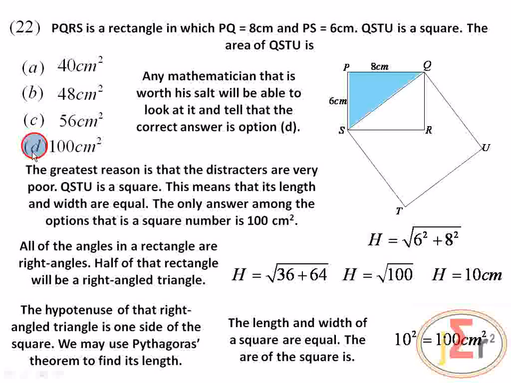Good. Another candidate may look at this problem and, without taking note that 100 is the only square number here, still be able to solve this problem in a matter of seconds.